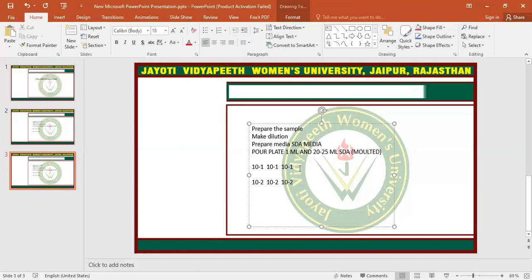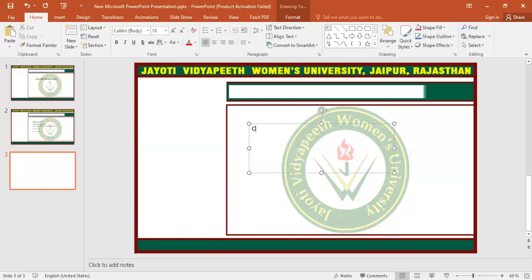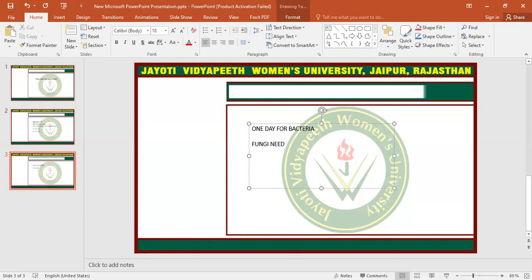Bacterial counting is done after only 1 day, because bacteria need only 6 to 24 hours to grow, but fungi need approximately 5 days to grow.